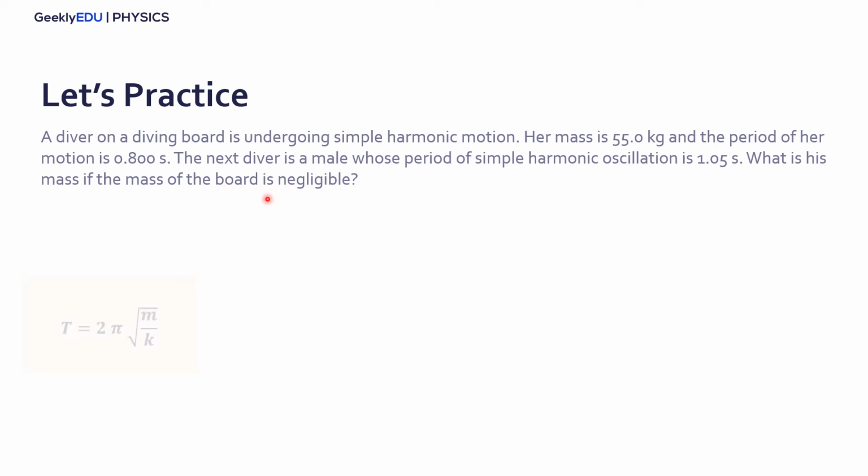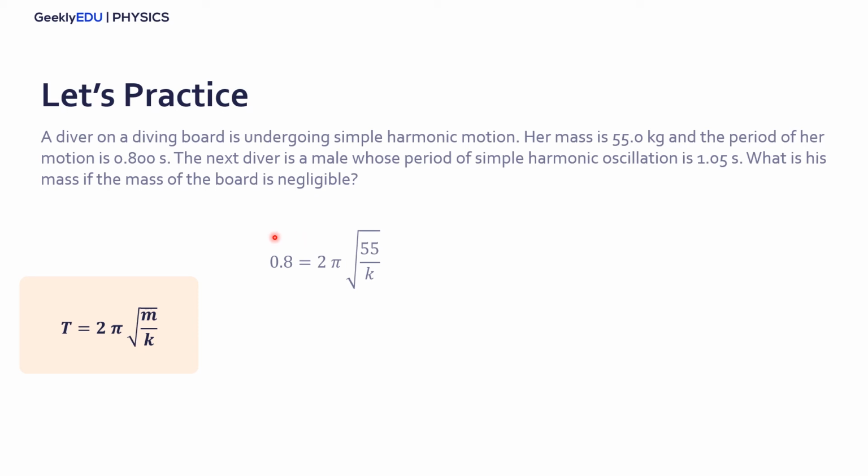Alright, so let's apply this formula here for the period, because we have this information. We also have for the first diver the mass, which is 55 kilograms. So by this we can find the elastic constant of the spring.